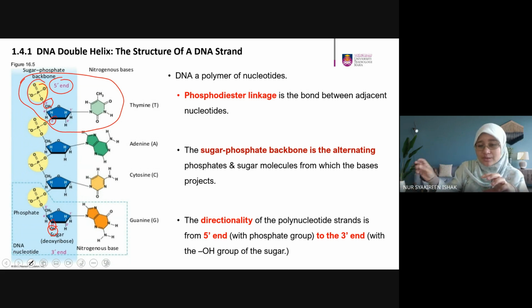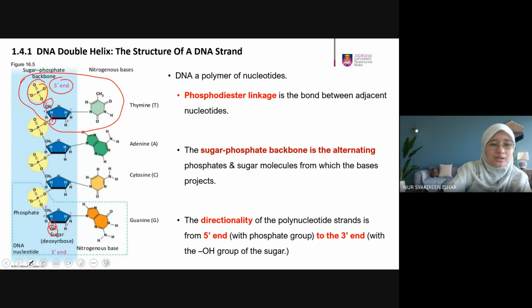Condensation reaction to attach monomers together, through the removal of a water molecule actually. So condensation reaction occurs to attach the nucleotides together to form a polynucleotide. Remember this from chapter 1.